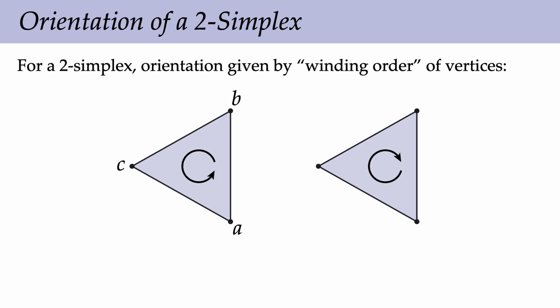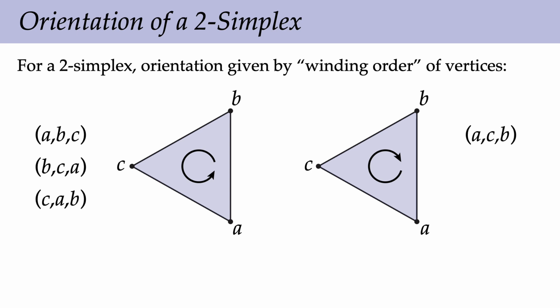If we label these A, B, C, then we could say we have a triple A, B, C, or A, C, B. Those are now inequivalent. And in fact, there are other tuples we could write that have counterclockwise order, BCA, CAB. There are other tuples we could write that have clockwise order, CBA and BAC.